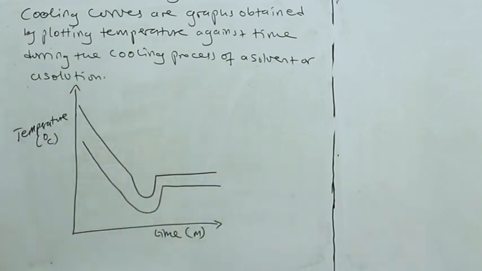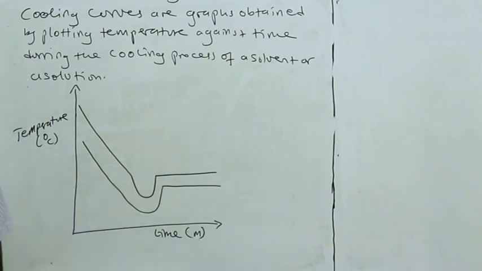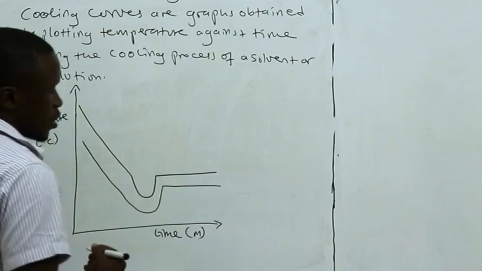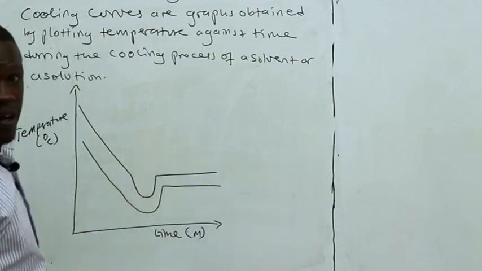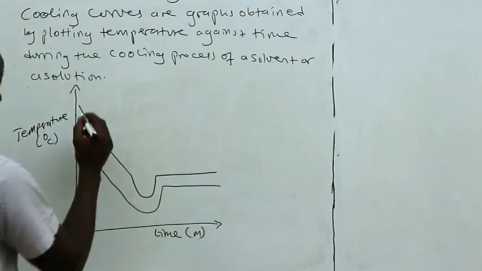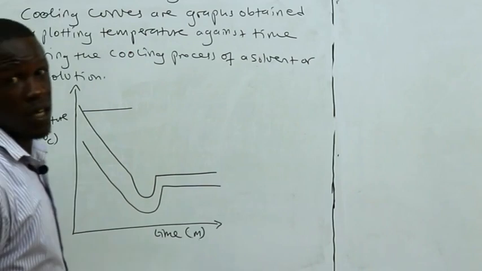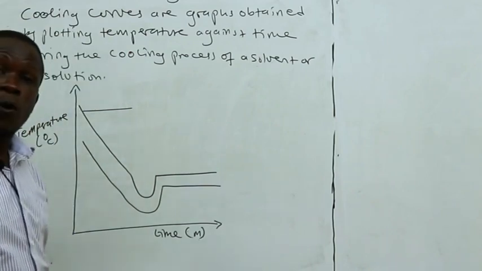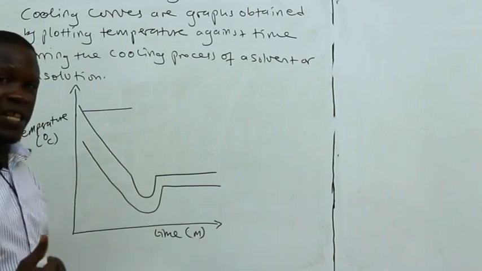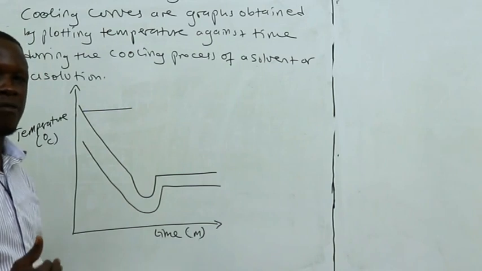So what do we see? You could be required to name them. I can name these ones here very well. The first one should be the freezing point of what? You need to ask yourself, if you see such a diagram, what is above the other one? Is it the cooling curve of the solvent, or the cooling curve of the solution?